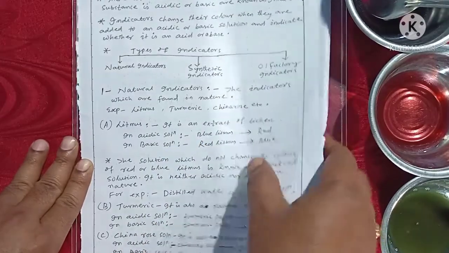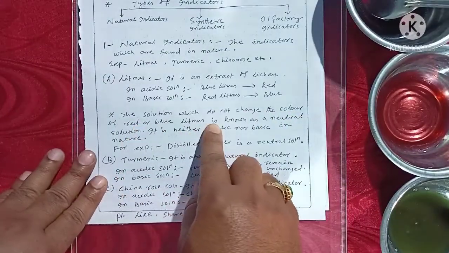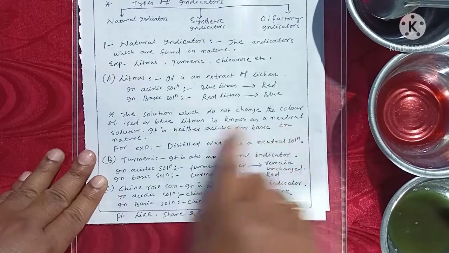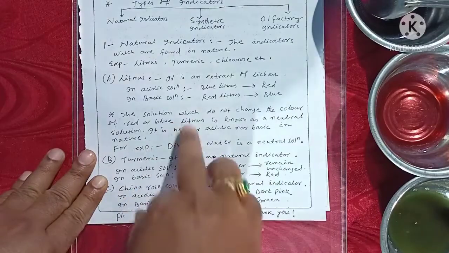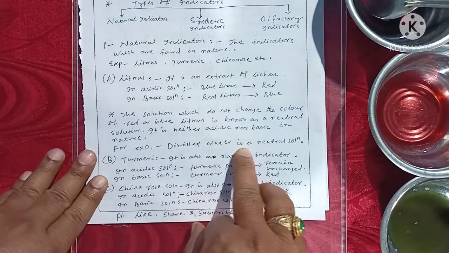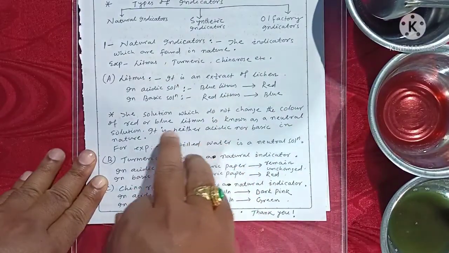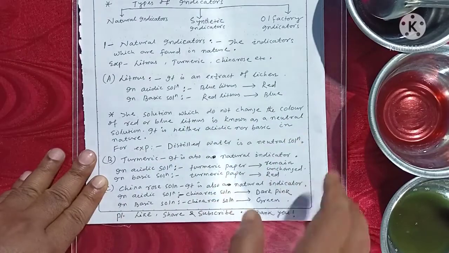The solution which does not change the color of red or blue litmus paper is known as a neutral solution. It is neither acidic nor basic in nature. For example, distilled water is a neutral solution, and in the activity table we have seen common salt solution and sugar solution are also neutral solutions.